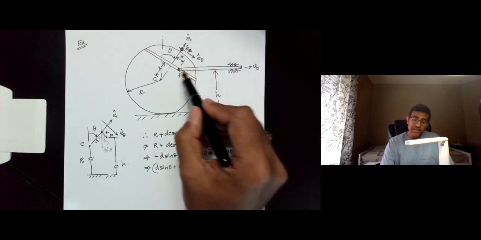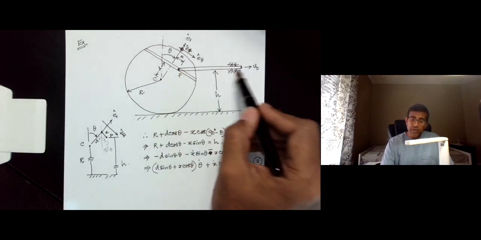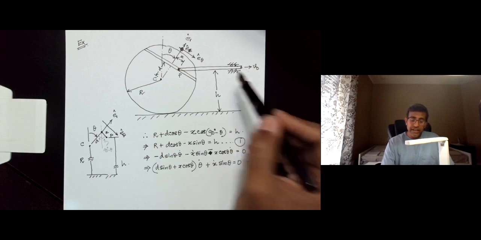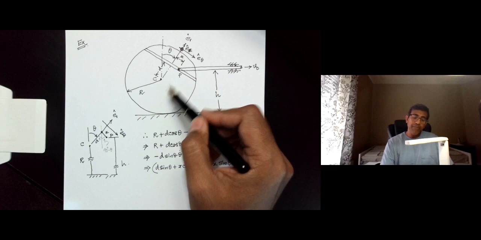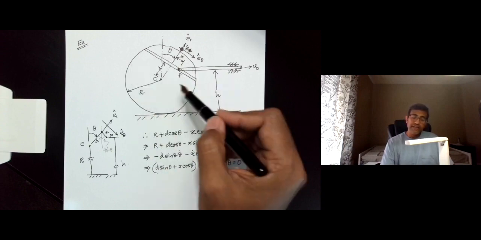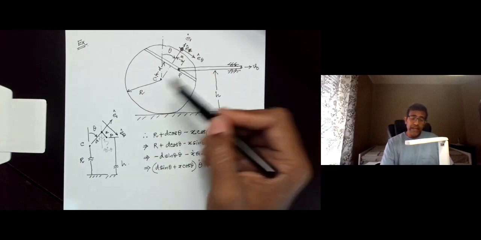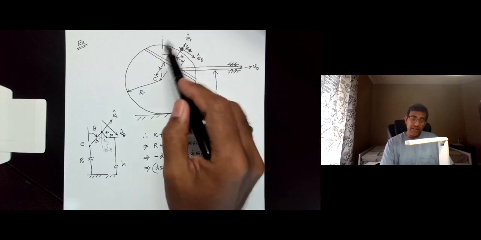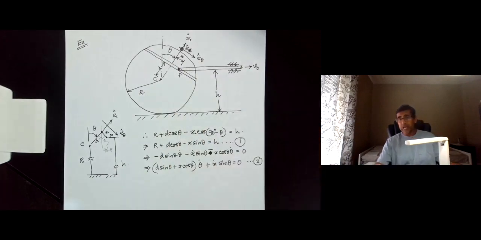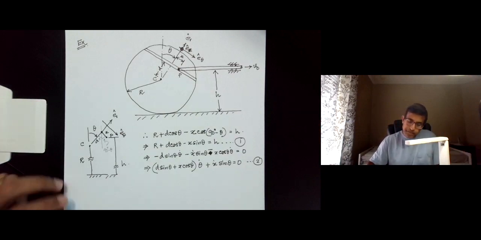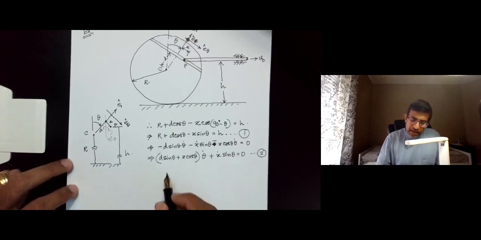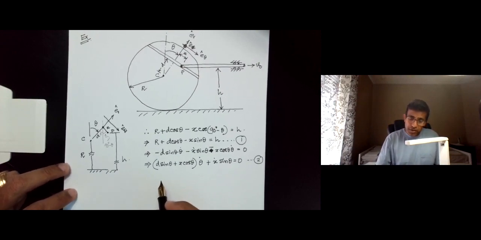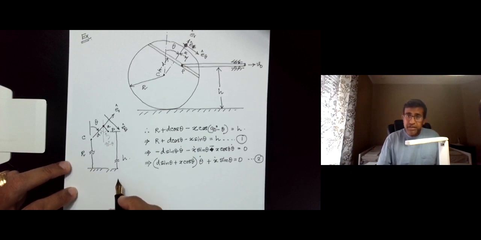In other words, if this bar is moving with a constant velocity v0, then that will force a certain angular velocity, and because the disk is rolling without slipping, theta and x will be related. So if you know x, you'd know theta, and vice versa. Okay, with that, let's get to the kinematics of this problem and solve it.